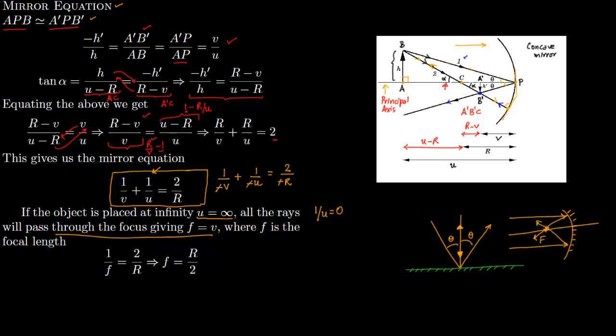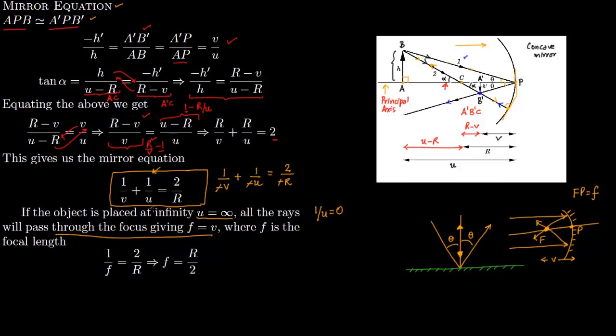So the image is formed at the focus, and if this is the pole, this distance is V. The image is formed at a distance V from the pole. So that is why instead of FP, we know this distance FP is the focal length F, and this F is what we are putting as equal to V here.